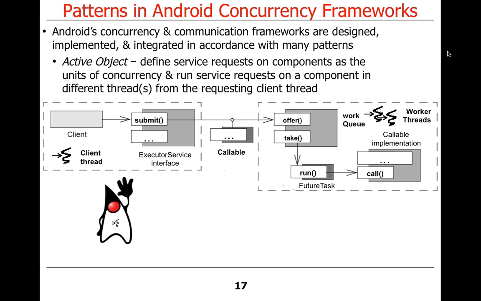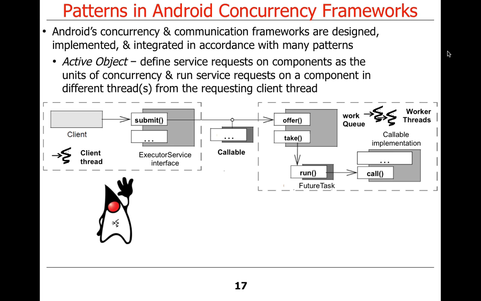And then the third thing, which is what we've already talked about, is the way in which you submit callables to thread pools in the executor framework. So in the executor framework, you can say, as a client, here's a callable, which is a two-way task. You submit the callable, and you get back a future. How you deal with it is up to you, but you get back a future.